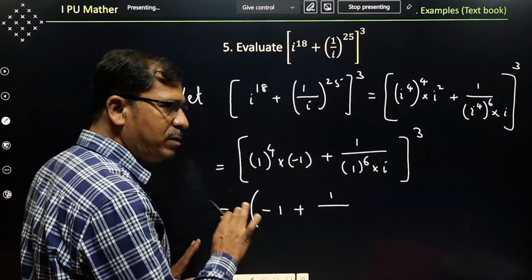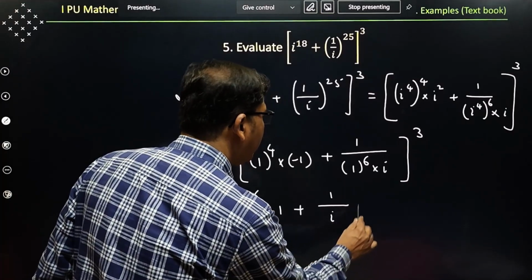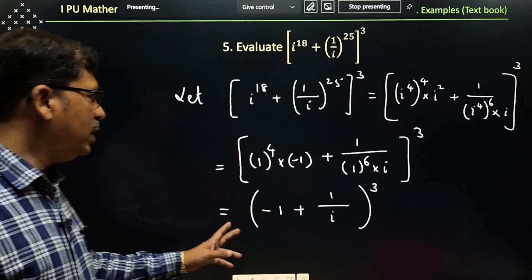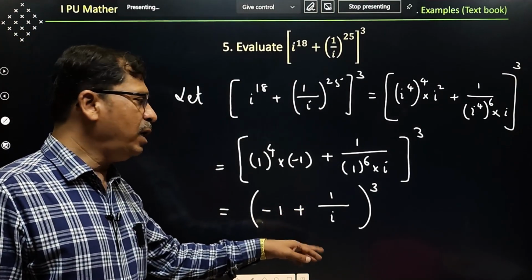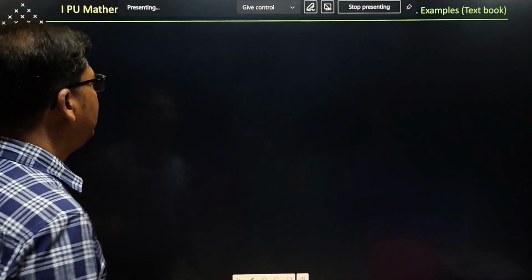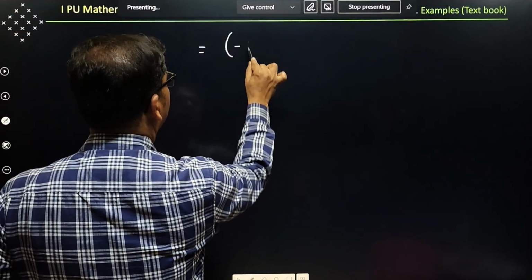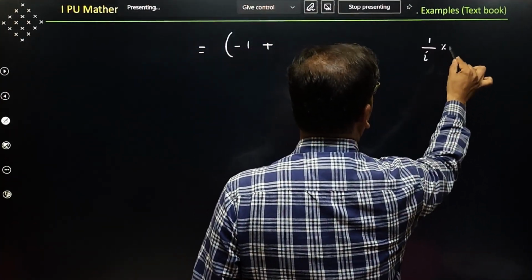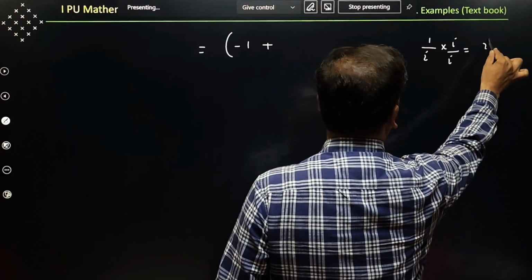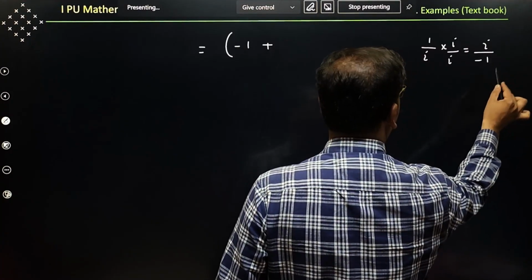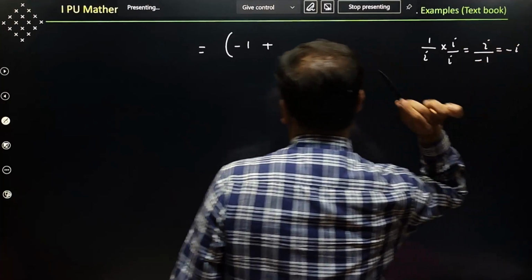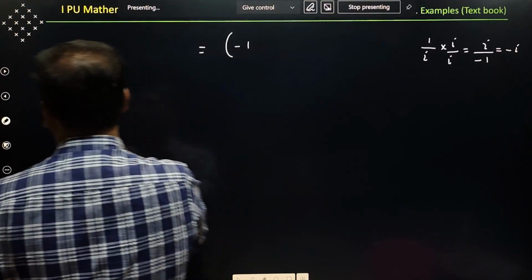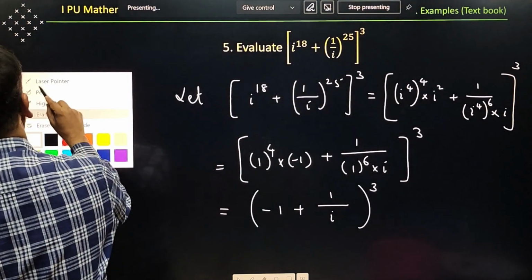This is minus 1 plus 1 upon 1 to the power 6 is 1 only, you write i, whole raised to 3. Minus 1 plus 1 by i cubed can be written as, see here, minus 1 plus 1 by i. You forget negative powers, so multiply and divide by i. i divided by i squared gives minus 1. So this is leading to minus i.